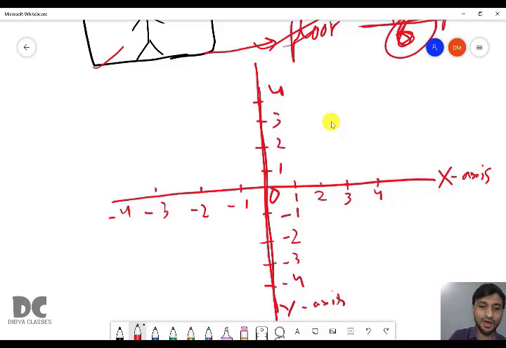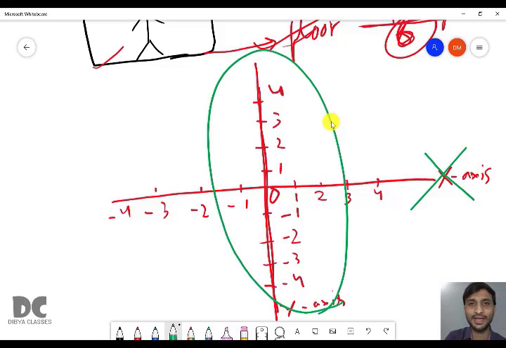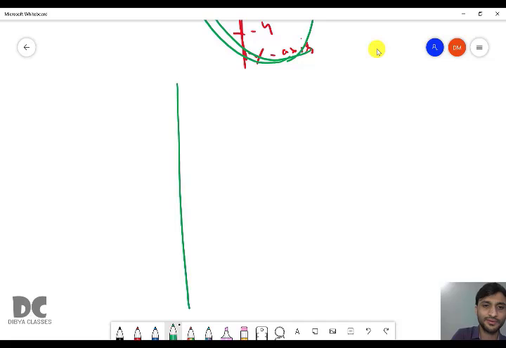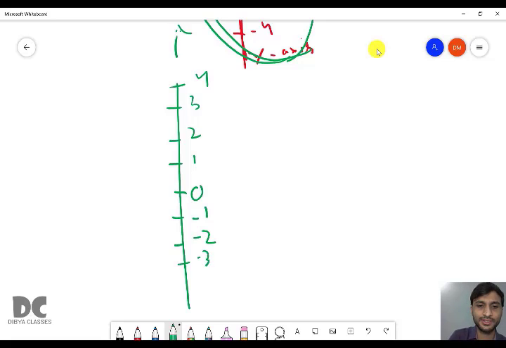So now we'll always use the y-axis for it. We'll not use the x-axis, but the y-axis. On the y-axis, this is 0, this is 1, this is 2, this is 3, this is 4, and it goes on. Similarly, this is -1, -2, -3, -4, and this goes on.